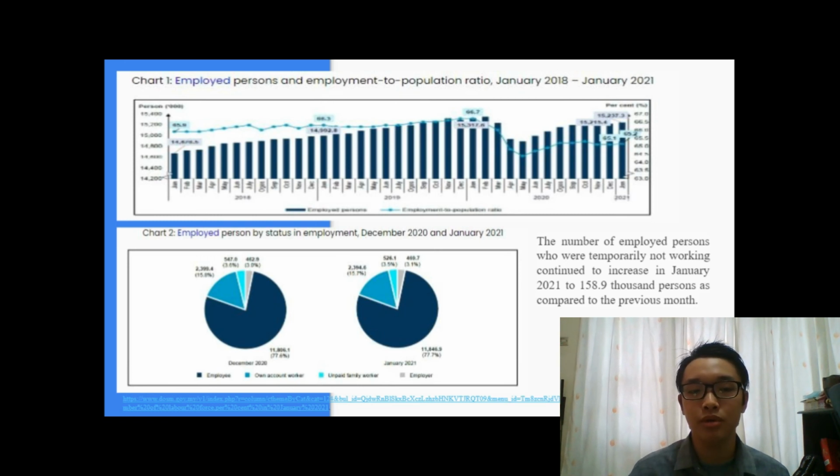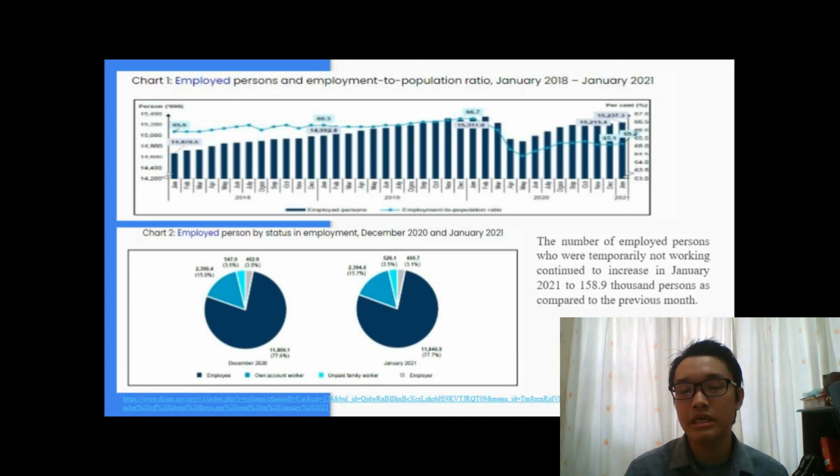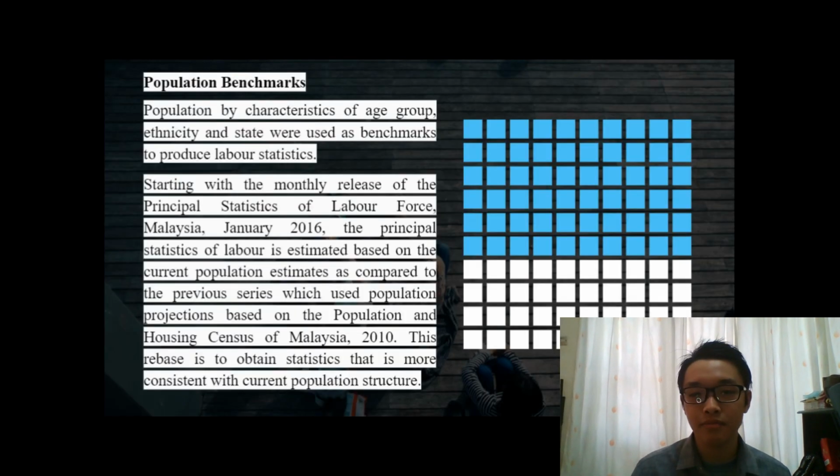Chart number 2 is employed persons by status in employment, taken from December 2020 and January 2021. You can see there is a big difference because of COVID-19.